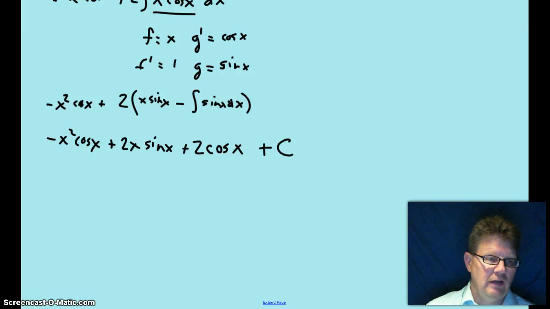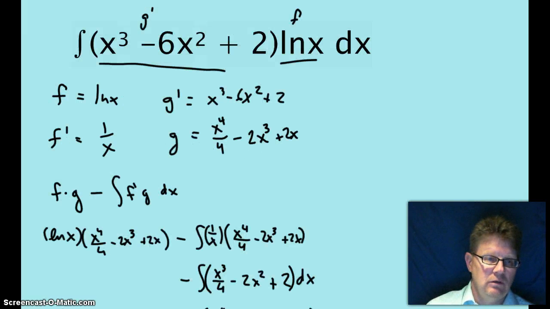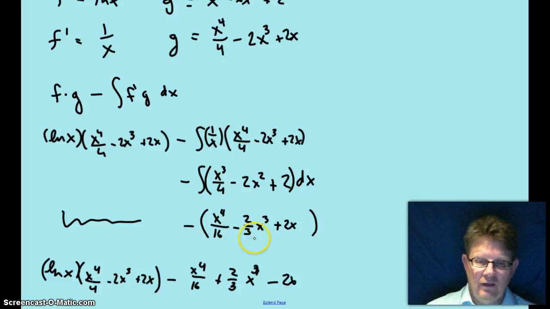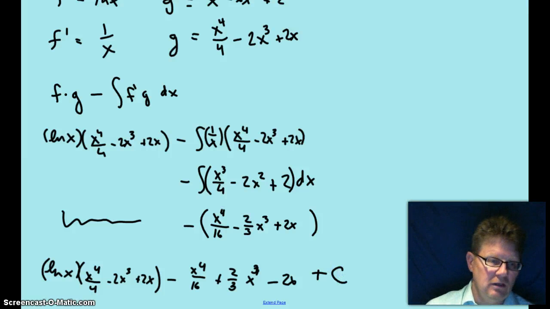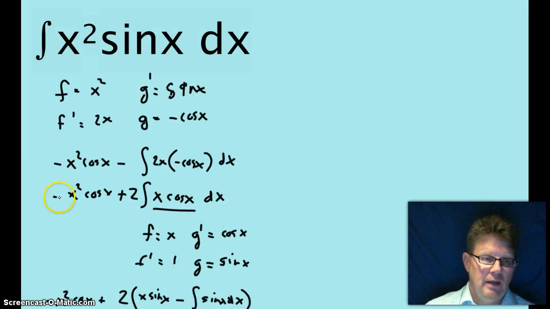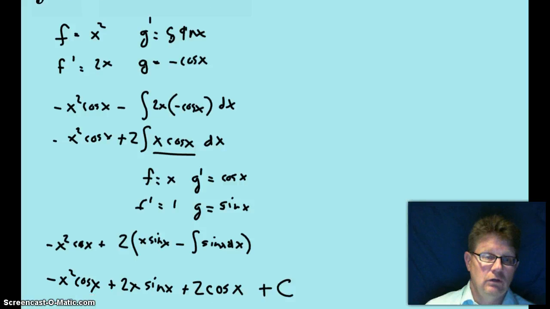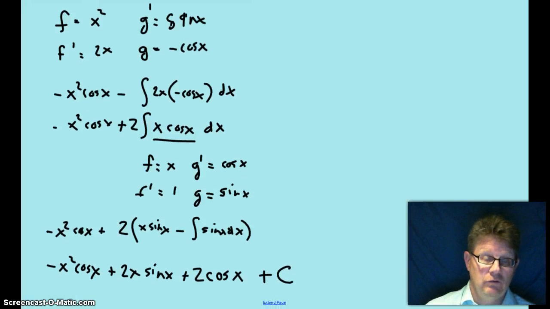Oh my soul, did I forget that on the last one? I did. So sorry about that. Yes, don't forget to go back on that other one and say plus c, an arbitrary constant. My bad. So sorry. So on this one, we had to do integration by parts twice to get the answer.